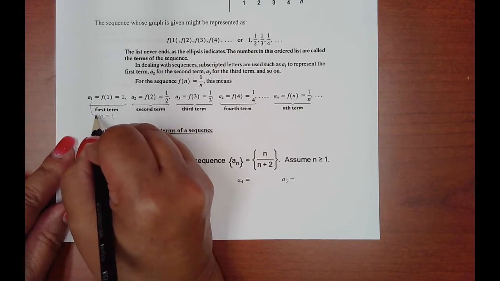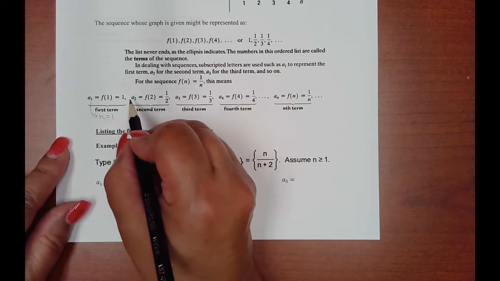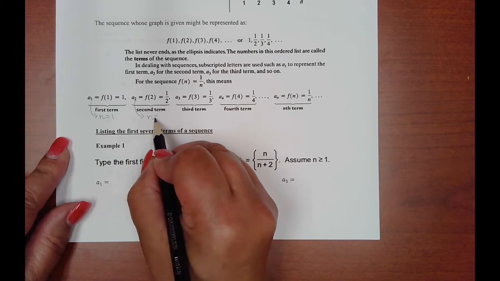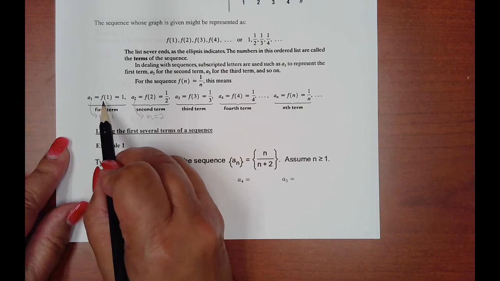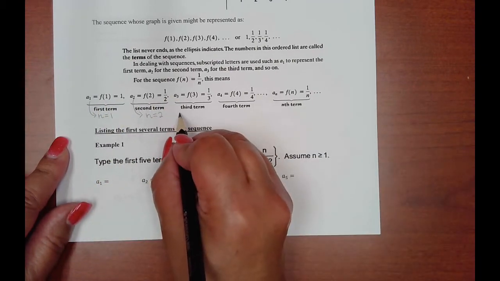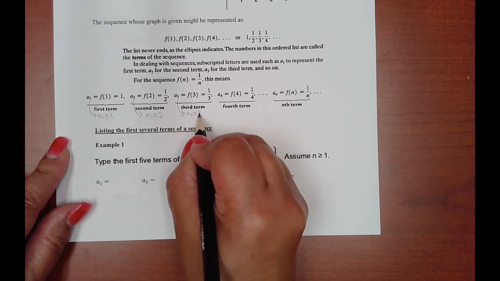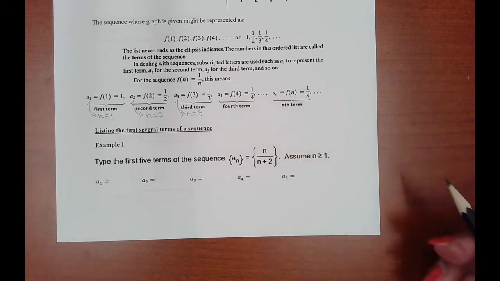So that subscript indicates what you are plugging in for n. If we're talking about a sub 2, that means we're getting ready to plug in an n value of 2, which is also notated here. The function rule would be plugging in 1. Function rule would be plugging in 2, and so forth. That 3 would indicate that we're going to plug in 3, and so on. So if it said a sub 25, we'd be plugging in a 25.